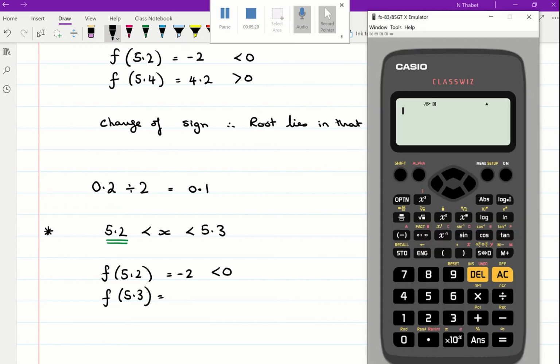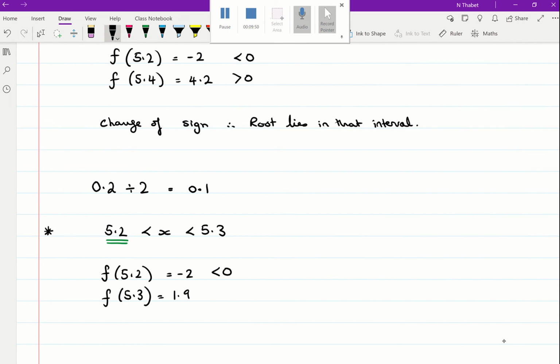Just to remind us, I have my notes, but you should be working with your calculator. 2 to the power of 5.3 minus 11, and it was minus 5 times 5.3, and that gives me 1.9, which is bigger than 0.